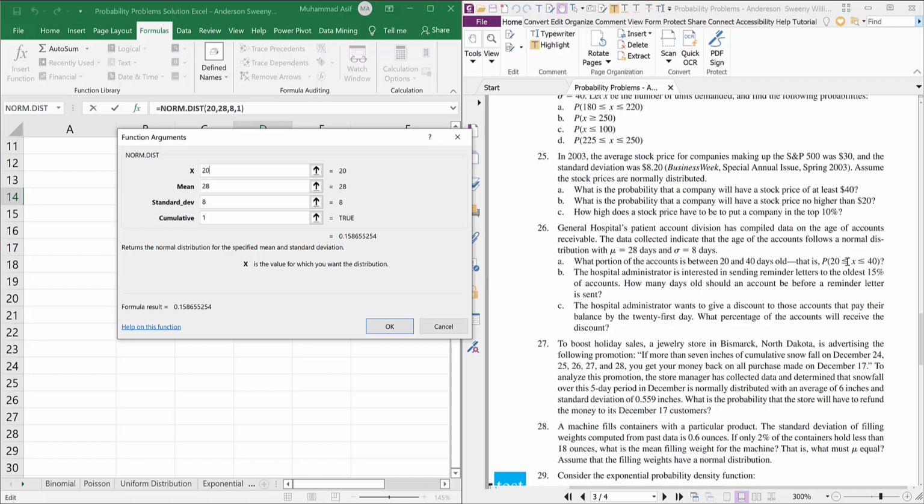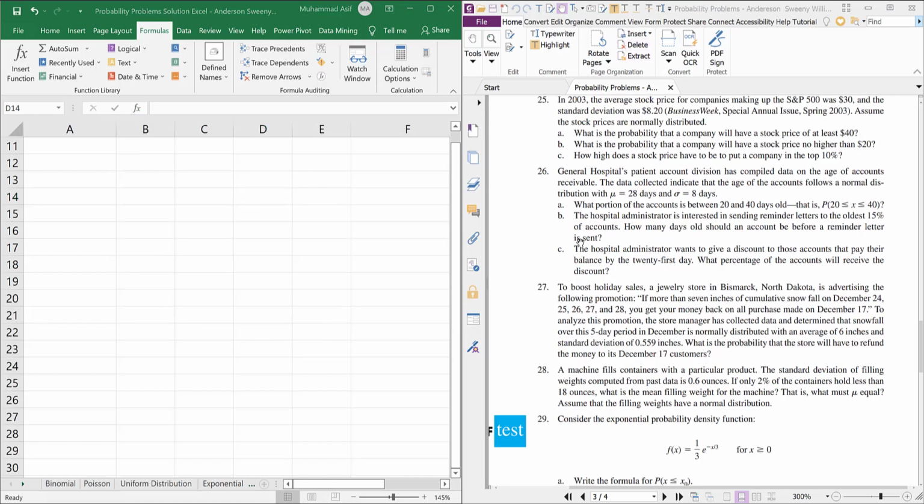The next part is that the hospital administrator is interested in sending reminders to the oldest 15% of accounts. How many days old should an account be before a reminder letter is sent?